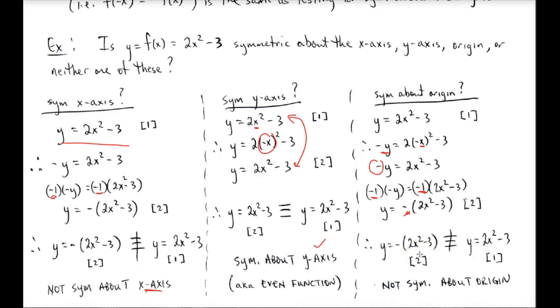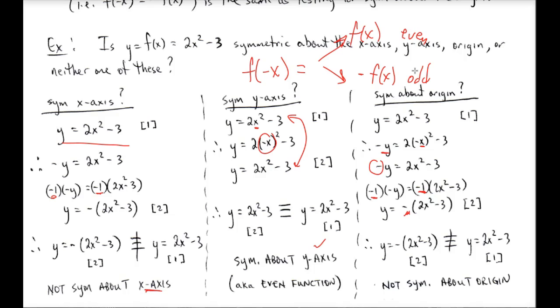Okay. Now, please do not get this confused with the even and odd test. When you do the even and odd test, what you are trying to find out is if you replace negative x everywhere where you see x, do you get the original function back, which is even, or do you get the negative of the original function back, which is odd?